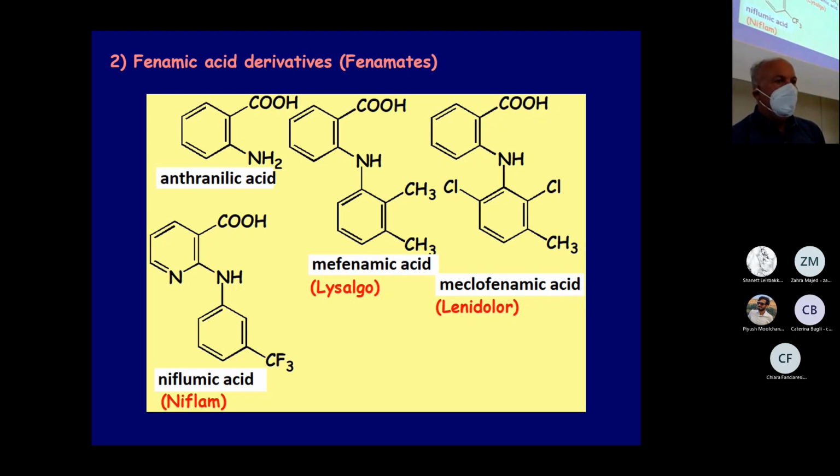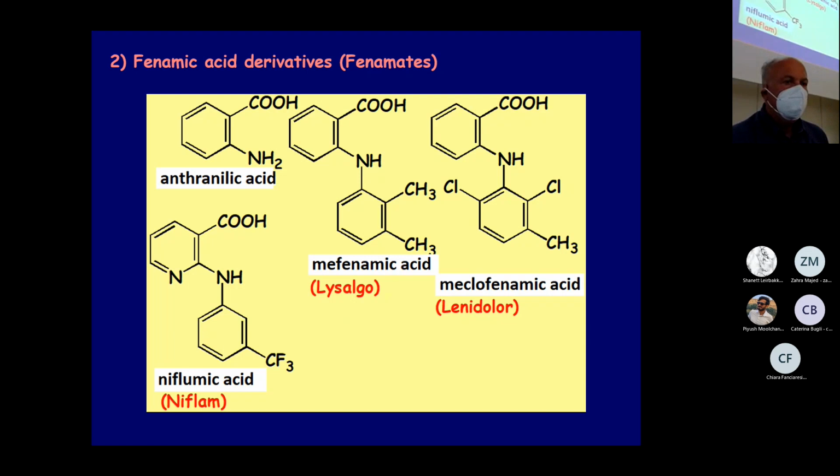But if we introduce an NH2 in this position, we have an increase in hydrophilicity. So anthranilic acid is not active as anti-inflammatory, is not able to cross the membrane. For this reason, another aromatic ring was introduced on the NH2.